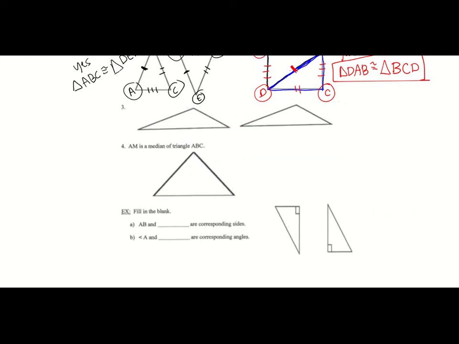So we have B, not D. AMB is congruent to triangle... So here A is going to match A. M is going to match M. And B is going to match C. So our two triangles here are congruent by side, side, side.